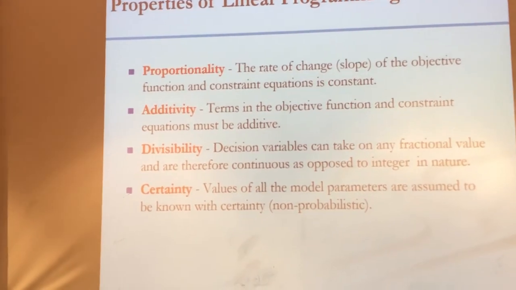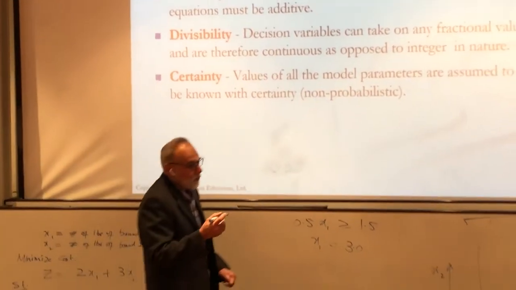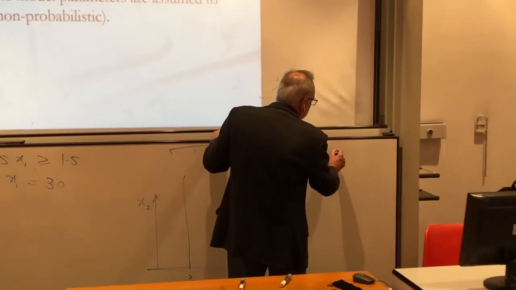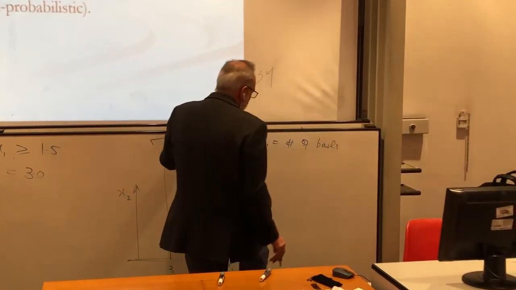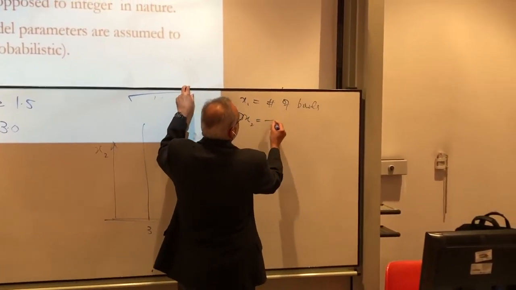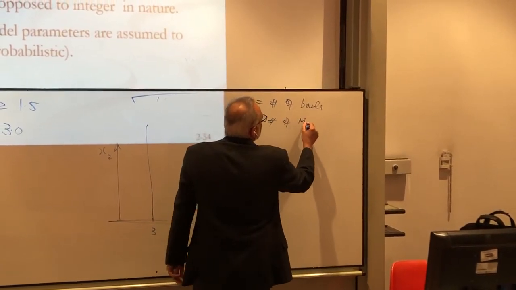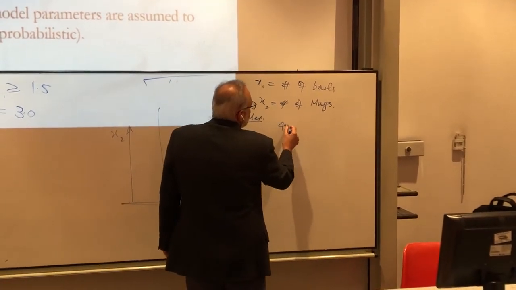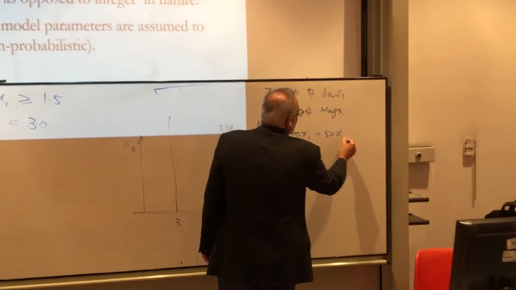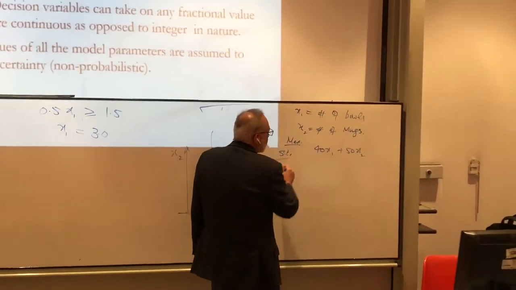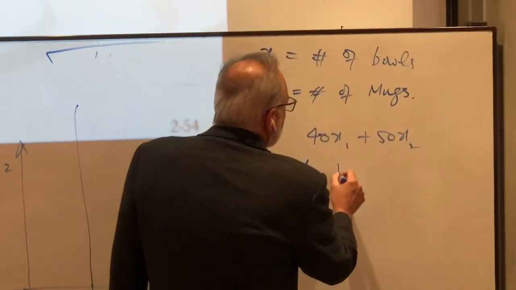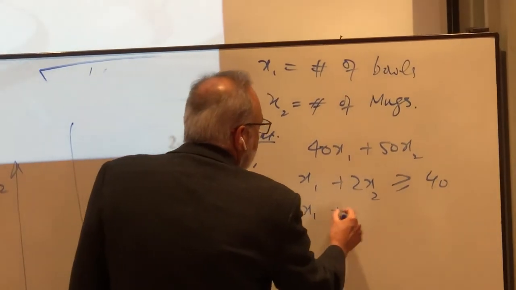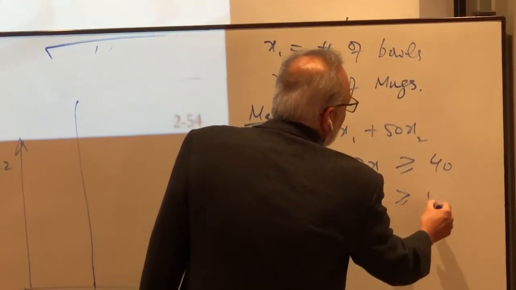In this example, x1 was the number of bowls, x2 the number of mugs, and we were maximizing 40x1 plus 50x2, subject to two constraints: x1 plus 2x2 greater or equal to 40, and 4x1 plus 3x2 greater or equal to 120.